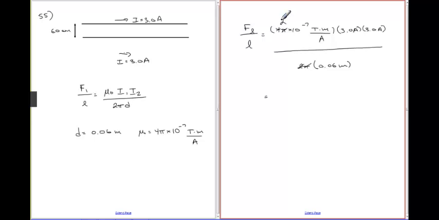So we'd have 2e to the minus 7 times 3 divided by 0.06 meters. So the first force per unit length is equal to 3.0 times 10 to the minus 5, and the units would be force per length, newtons per meter.